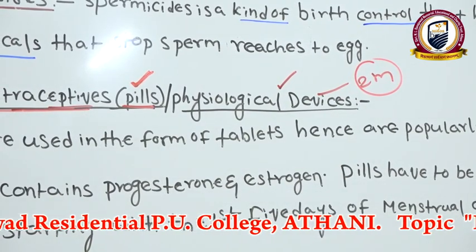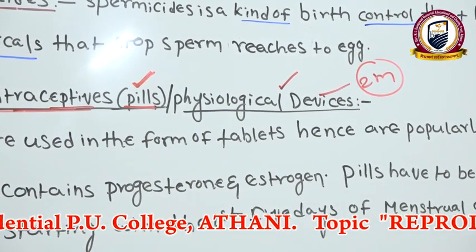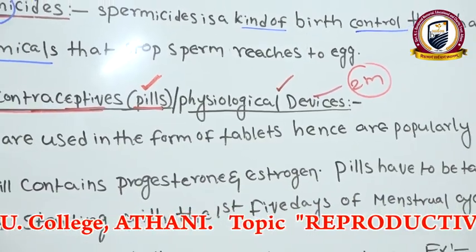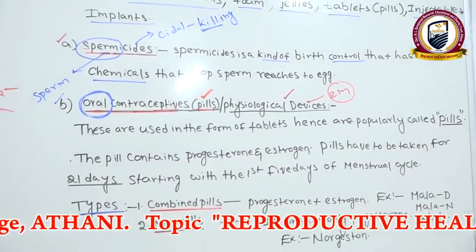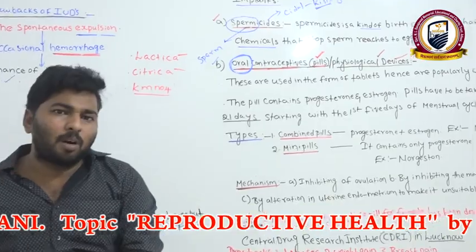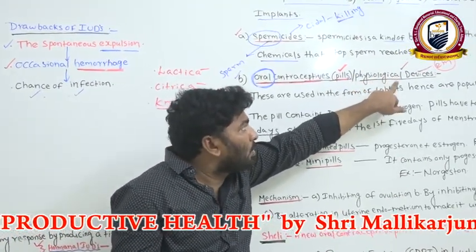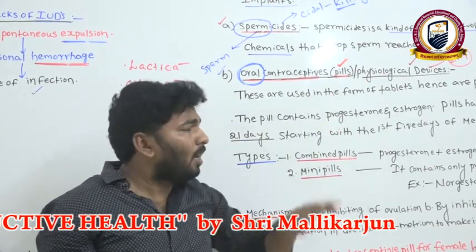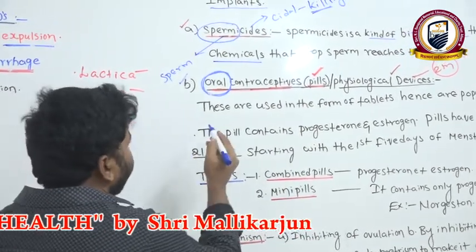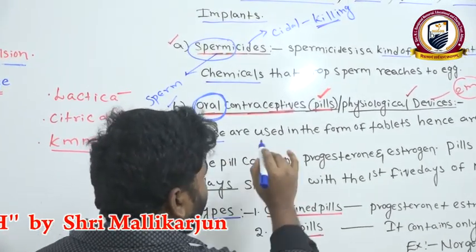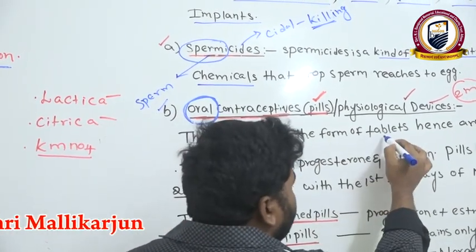Why are they called physiological devices? Because these tablets have the ability to change the physiology of our body. So that's why we also call them physiological devices. Now, these are used in the form of tablets.